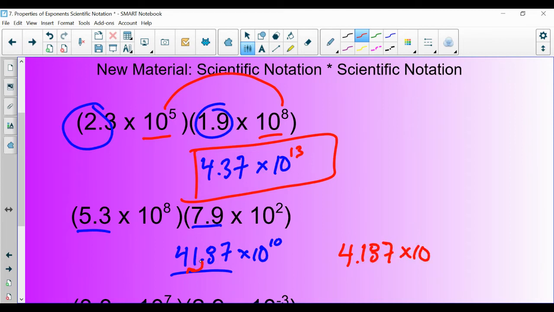When we move the decimal place over 1 time, we are going to change the exponent to make it still say the same thing. If your number is too big and you have to decrease it, you're going to increase the exponent. Because our number was too big, that's going to cause our exponent to increase when we made this number between 1 and 10. So this would actually be 4.187 times 10 to the 11th. That would be how it would be written in scientific notation.